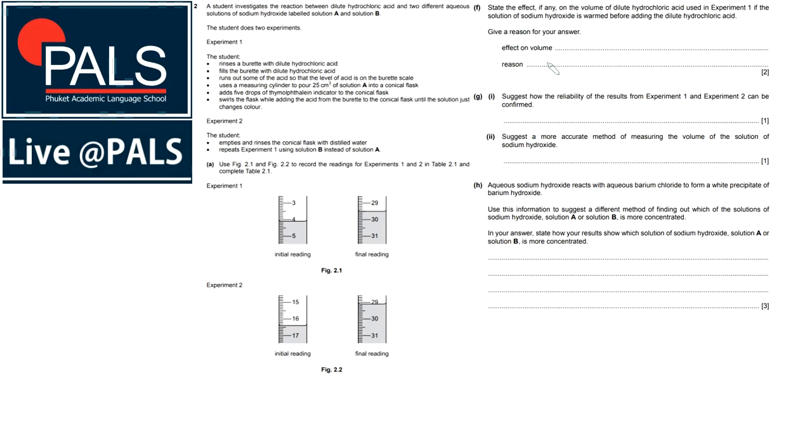Again, since heating it up does not change the number of moles of sodium hydroxide in the solution, therefore we will need the same amount of acid to neutralize it. The rate of reaction will be faster maybe, so the acid will react faster with the sodium hydroxide, but it will not change the total volume that we need to add. So there's no effect.